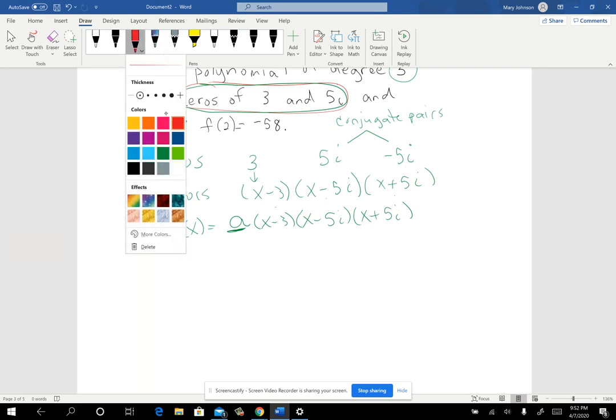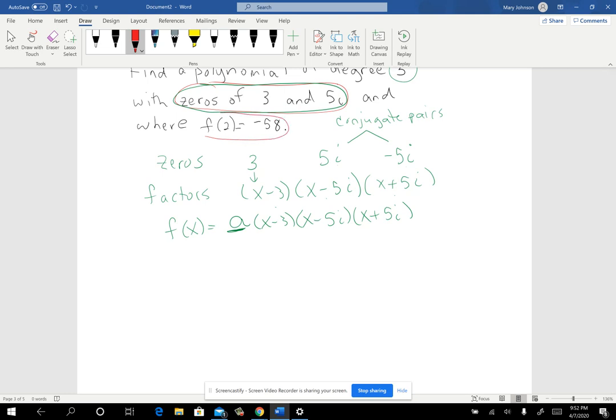Now what we're going to do is we're going to take the information here. So if we know that f of 2 equals negative 58, then what we can do is plug in a 2 everywhere the x is located. Now we could have multiplied out first if we wanted to.